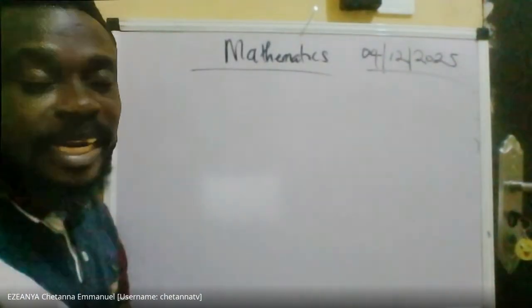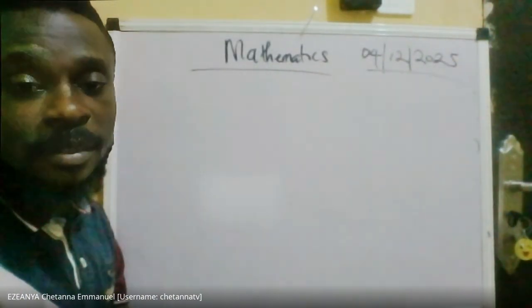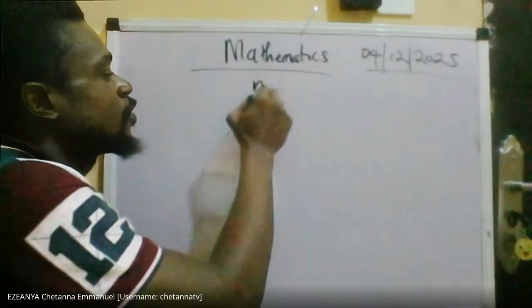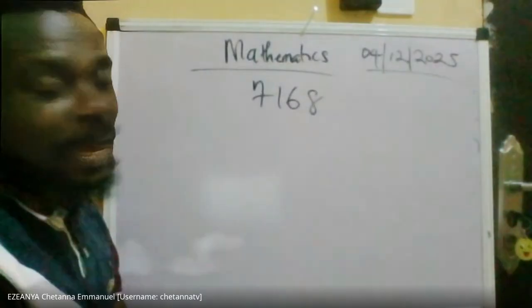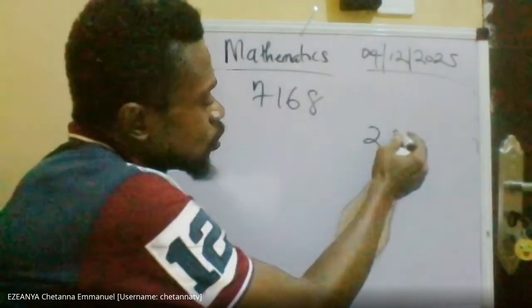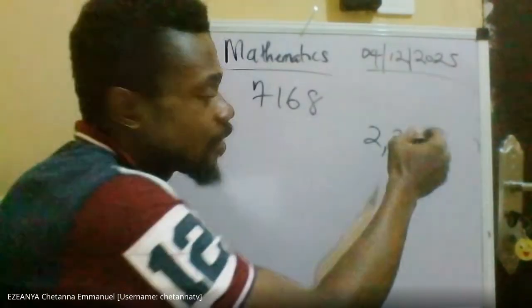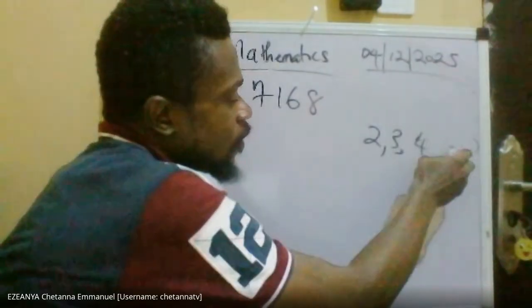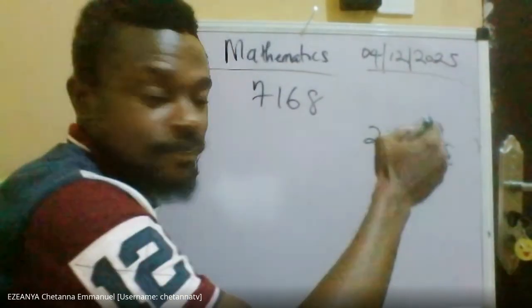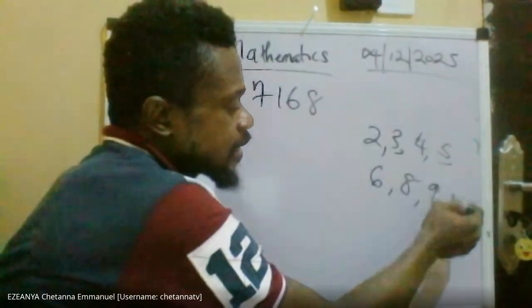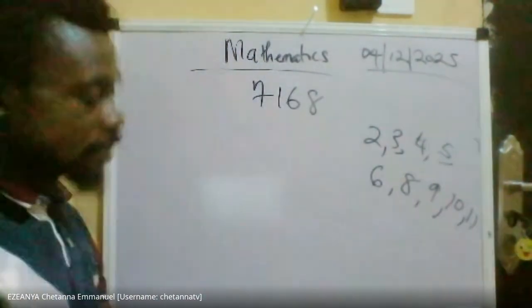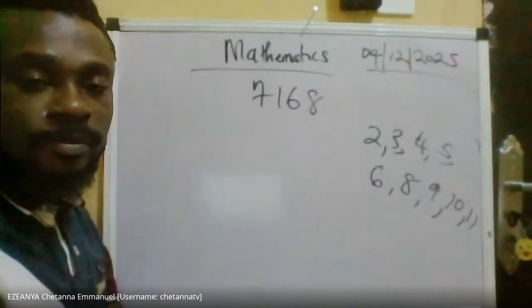Okay, let's check if 7168 is divisible by 2, 3, 4, 5, 6, 8, 9, 10, and the what? 11. Let's check. Let's start from 2.